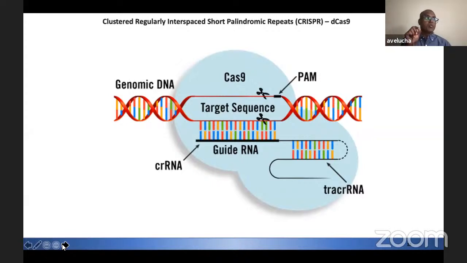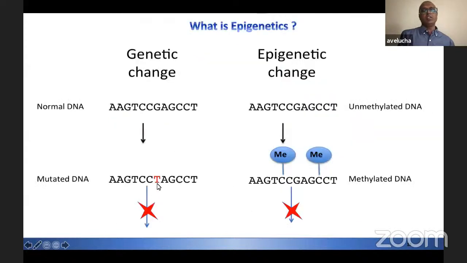But if you want to edit a particular nucleotide, you have to target it using this guide RNA. You cannot just randomly put in a sequence, because there will be off-target effects. Off target means you want to edit this T, but it edits the first T and the last T. So you should avoid that.